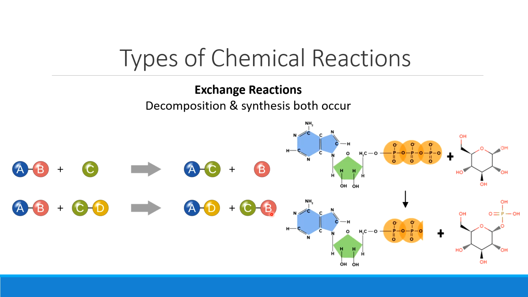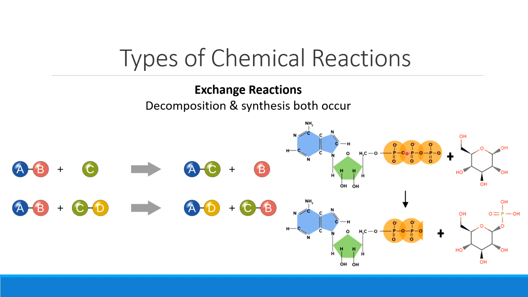Now, if we look at actual biochemical examples of this, this is a process that we use in the body for energy transfer. This colorful molecule is what we call ATP, which we'll talk about a bunch in future videos. But ATP stores a lot of energy.